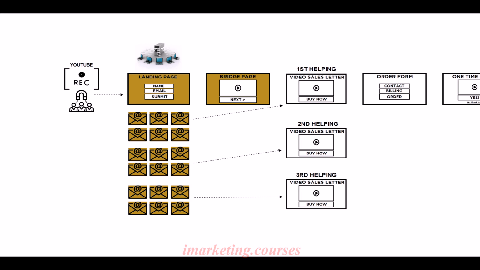That's what you're giving away in exchange for somebody's email address, which goes into your digital database or your email autoresponder and gives you the ability to follow up with people both immediately via automatically sent, pre-written emails that go out every 24 hours or so, as well as via broadcast anytime down the road. So you can just email your entire list whatever message you want to send them.